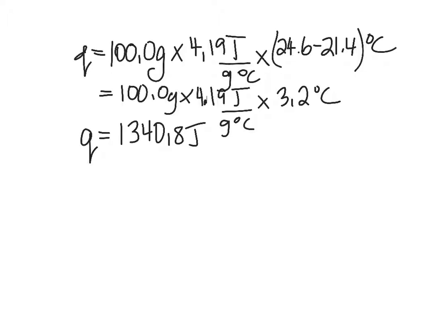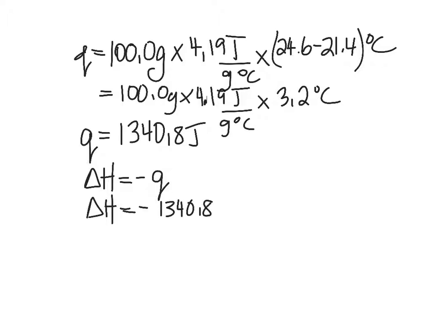And we know that delta H is equal to negative Q. So delta H is negative 1340.8. We said this was going to be an exothermic system because the temperature of the surroundings increased. And here we go, there's your negative. So it's exothermic.